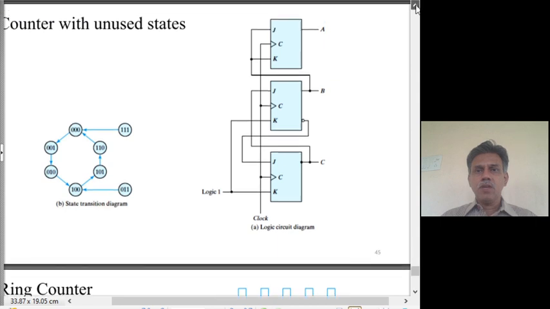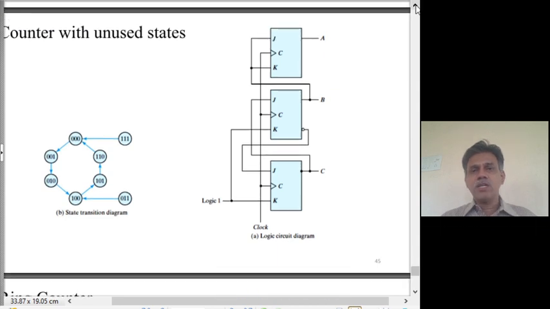Suppose for a sequential machine, we arrive at a diagram for a JK based design like this. It has only these states 0, 0, 0, 1, 1, 0 and so on. These states alone are there. Two states, let us say, are not there.